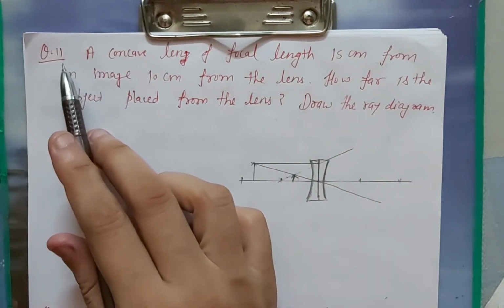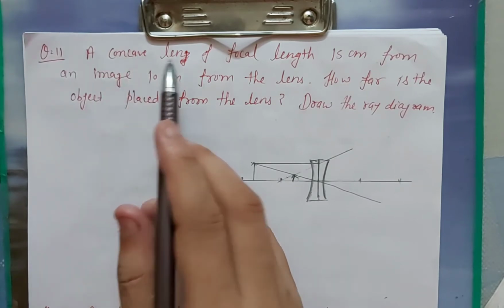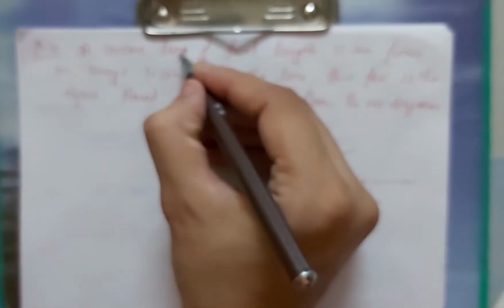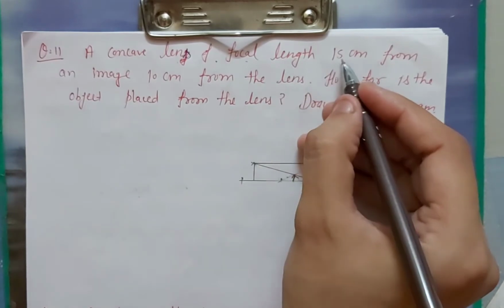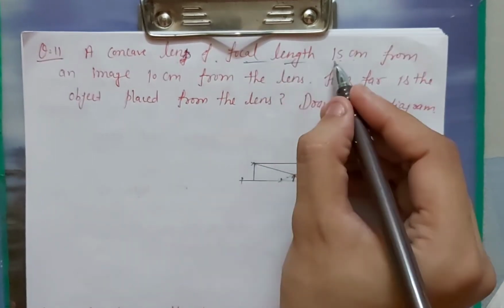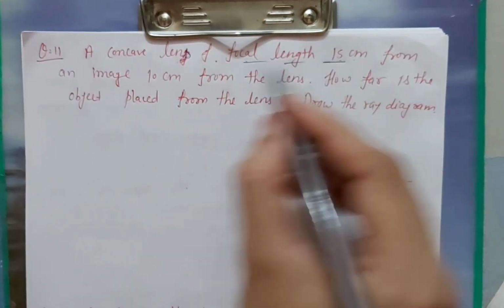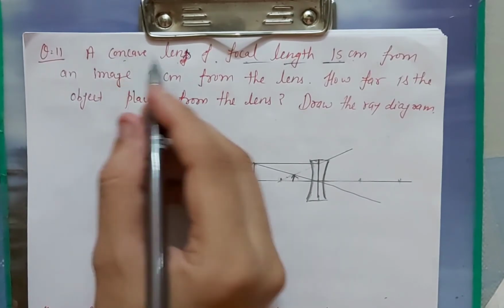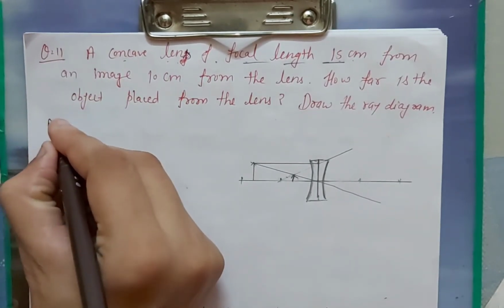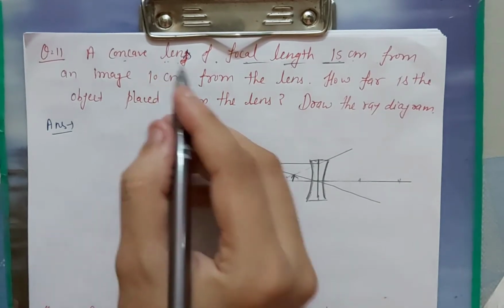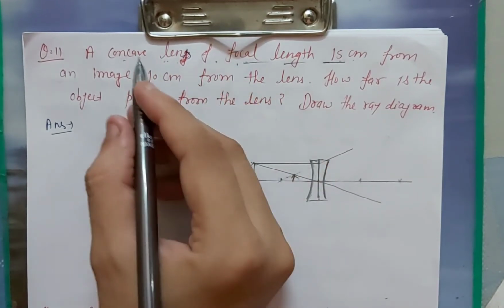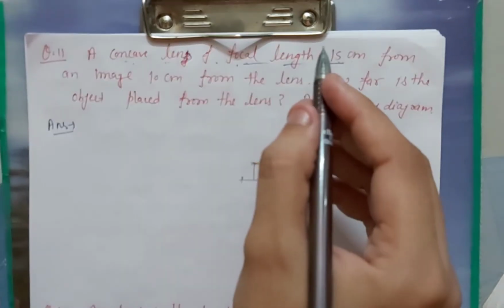Next is 11th question. A concave lens of focal length 15 centimeter. Focal length is given 15 centimeter. So which type of lens is there? Concave lens. So in case of concave lens, focal length is always negative, whereas convex lens focal length is always positive.